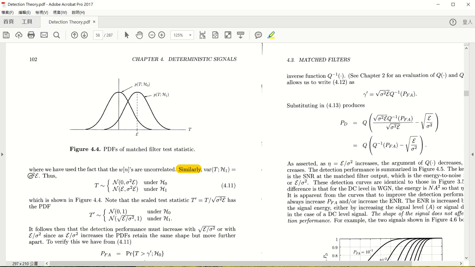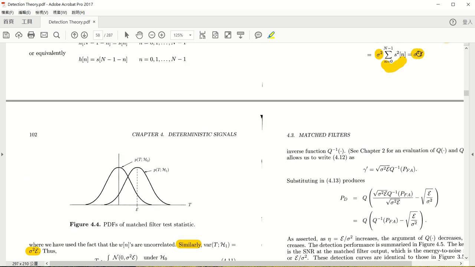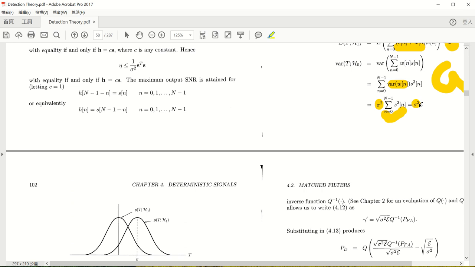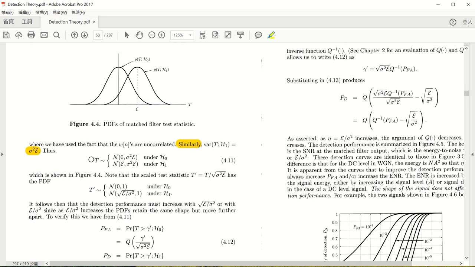Unfortunately, this term is identical with this term here. So in other words, the test statistic has equal variance under H1 and H0. So now we can write it out.